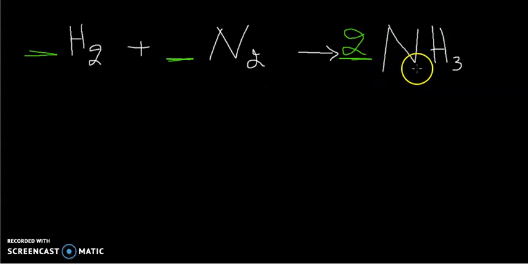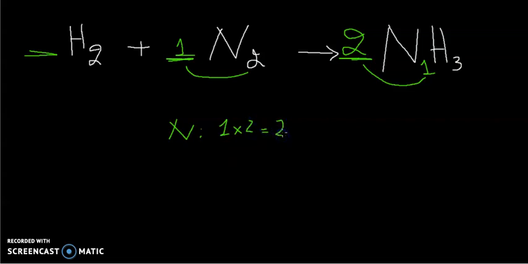Why? Let's check. So this is 1. 2 times 1 is 2. And here you have 2. So 2 times 1, it's 2. They are equal on both sides. So nitrogen is now balanced. So for nitrogen, 1 times 2 will give you 2 nitrogens, and in the products for nitrogen also 2 times 1 it will give you 2.